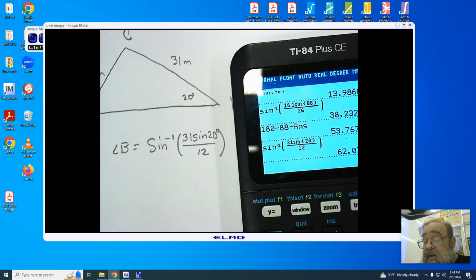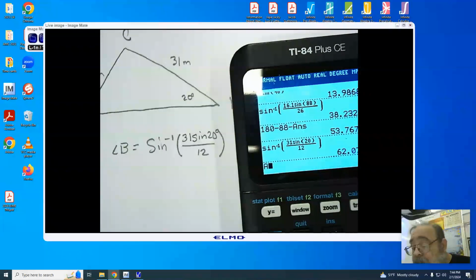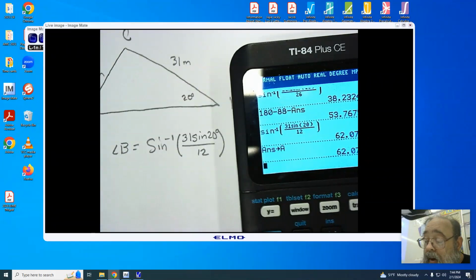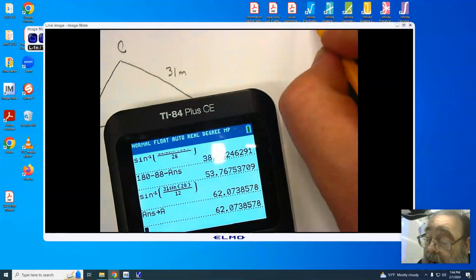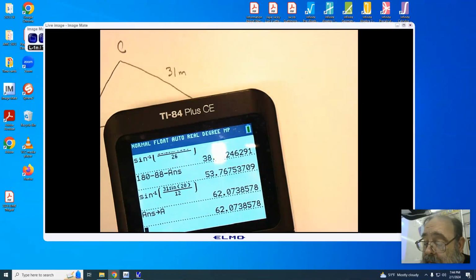This is my answer, but I'm going to make sure I store this in my calculator, so I hit Store, Alpha A. I'm going to now list it. Remember, I'm going to truncate this answer: 62.07, and then I have 38 degrees.